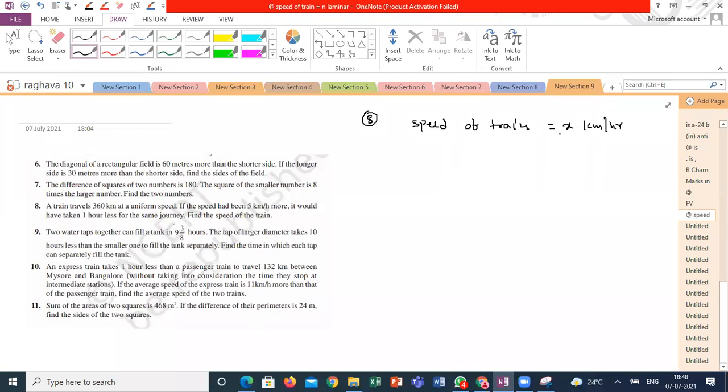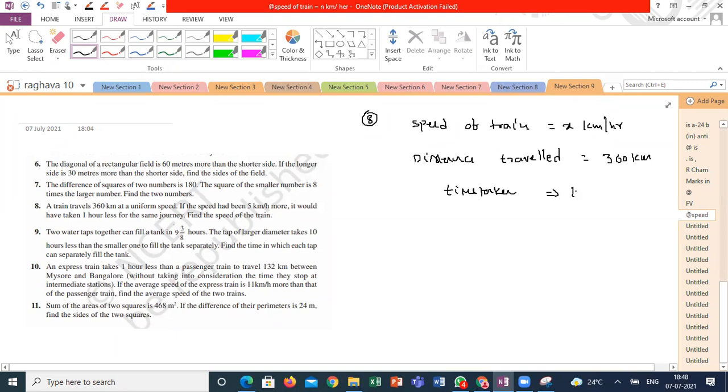If it is traveling with x km per hour, distance traveled is how much? 360 kilometer. Time taken: what is the time taken formula?